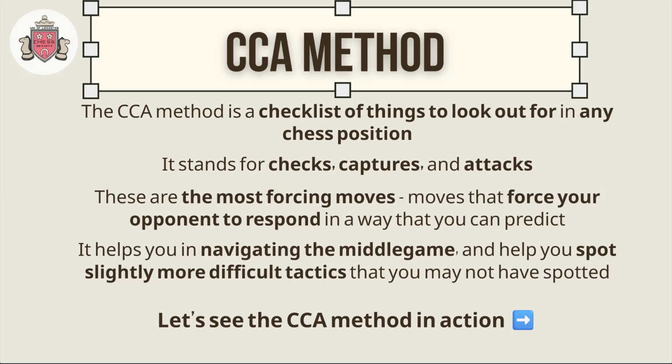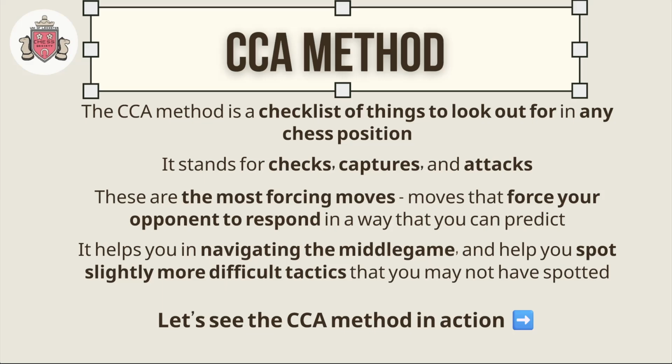That's the most forcing move in the position. Captures are also very forcing, because you've just taken material and they probably have to take back. And attacks are also important and pretty forcing, because you're putting pressure on another person's piece or pawn or whatever it is.